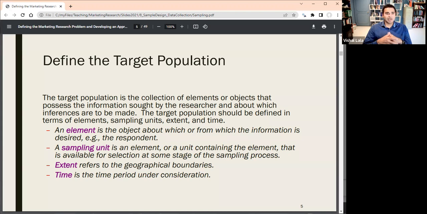Like a target population might be defined as people driving a Tesla in the city of Boston, Massachusetts, right? So then we've got a behavioral variable here as well as a geographic variable as part of our target population definition.